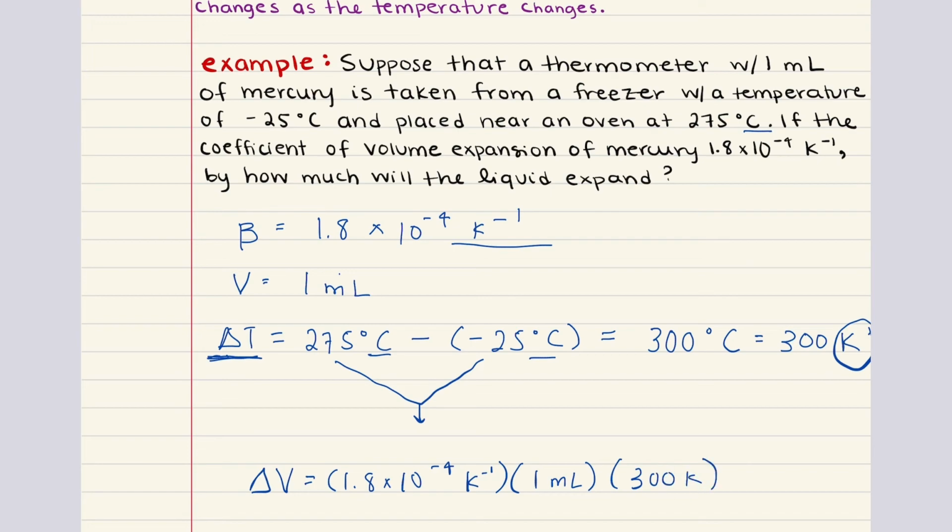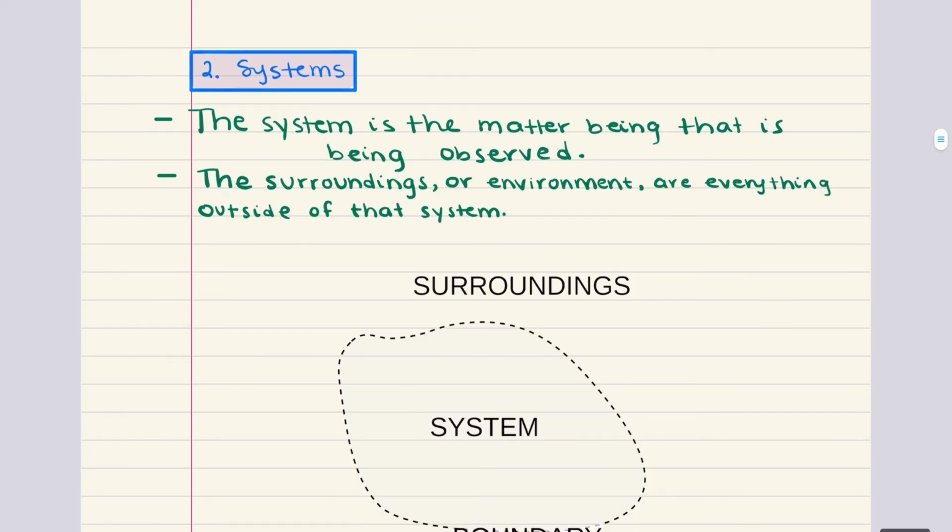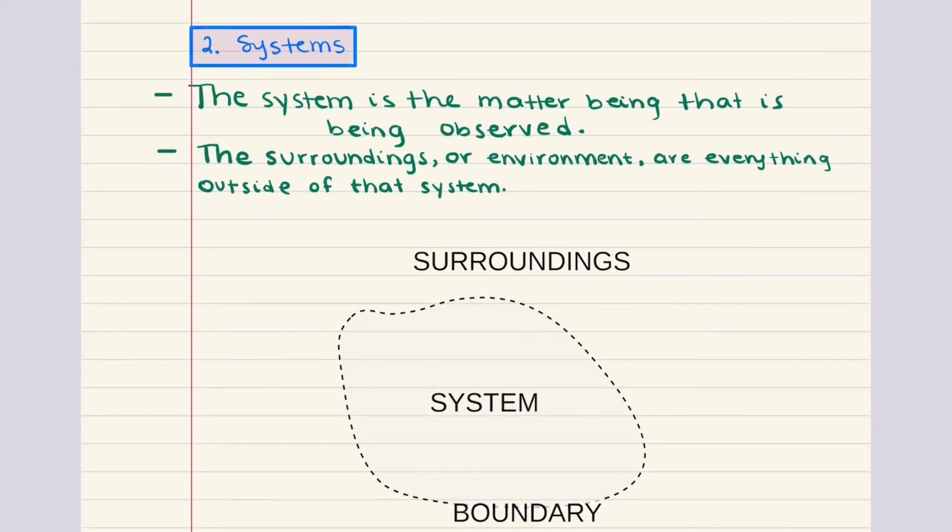This is going to give us an answer of 0.054 milliliters. So how much will the liquid expand? It will expand by 0.054 milliliters. Wonderful. Now we can move on to objective 2.